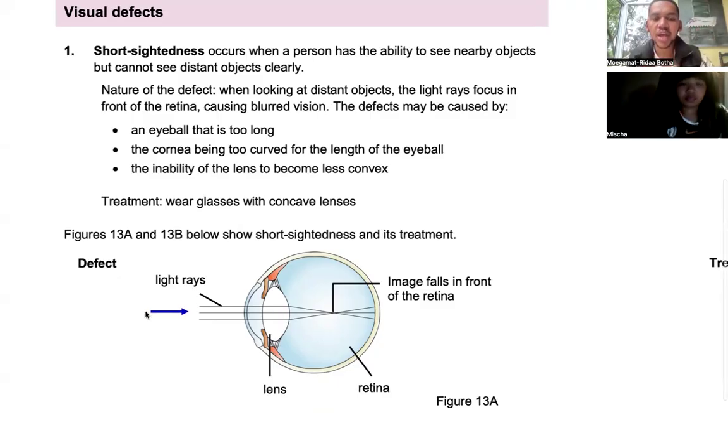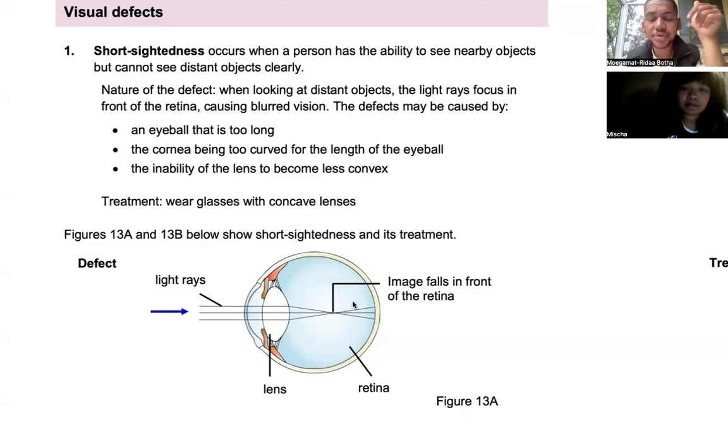The light rays entering the eye need to hit the retina for the image to occur. What's happening here is that the image forms just before the retina. The defect causes the eyeball to be too long.